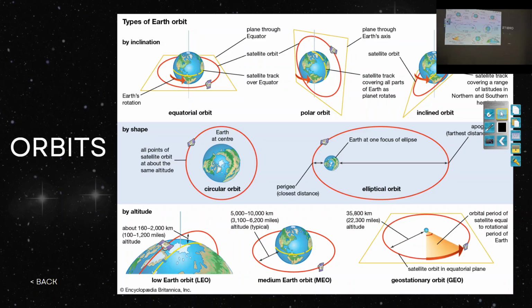This makes satellites in geostationary orbit appear to be stationary over a fixed position from the earth.